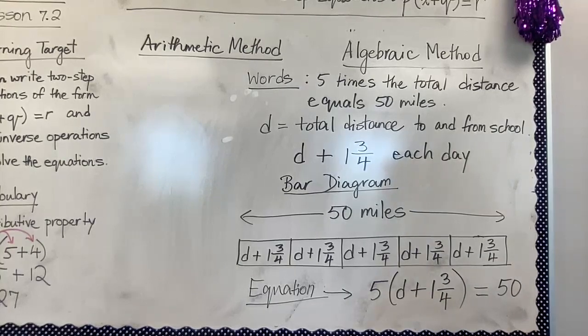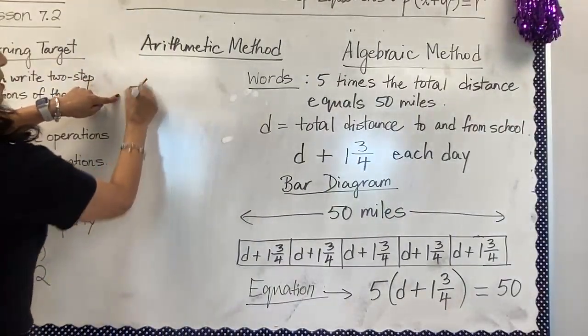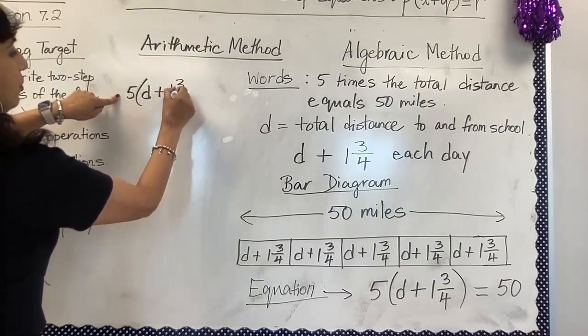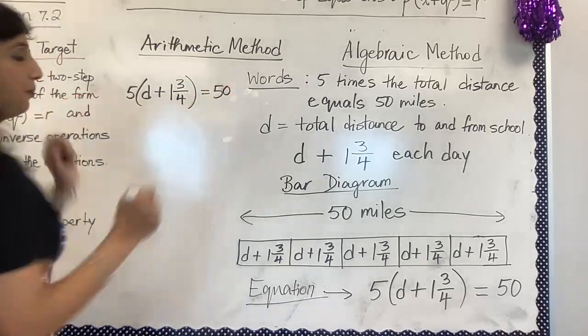All right. So we are going to solve this, and let's start with my method of solving the equation. And if I have written out this equation like this, I have 5 times D plus 1 and 3/4 is equal to 50.